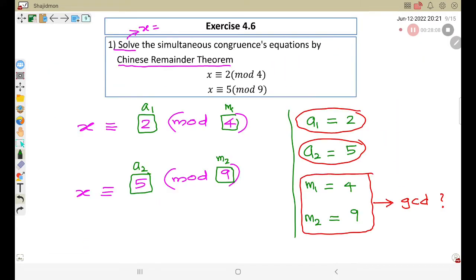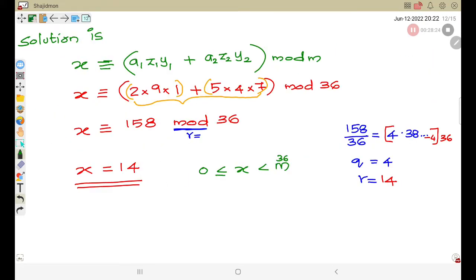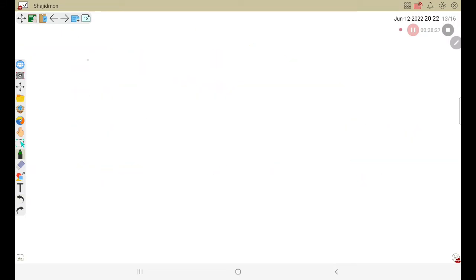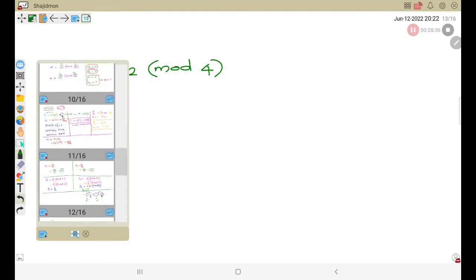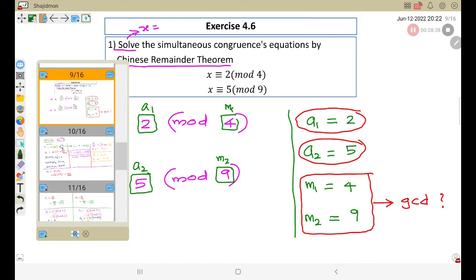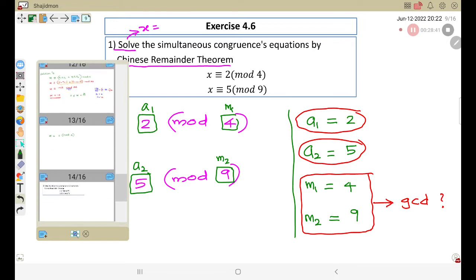Now for the same question, we will use a shortcut method, only for checking whether your answer is correct or not. We cannot use it in exams. The first equation is x congruent to 2 mod 4, and the second equation is x congruent to 5 mod 9.